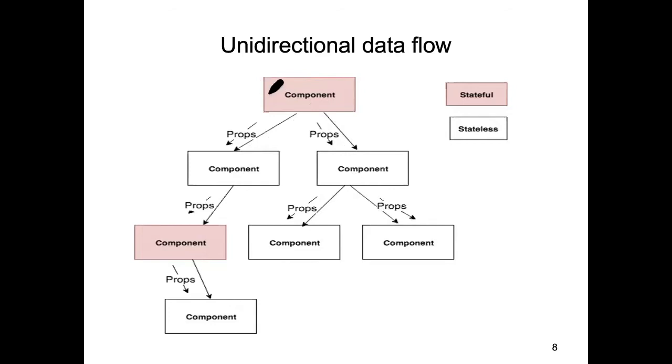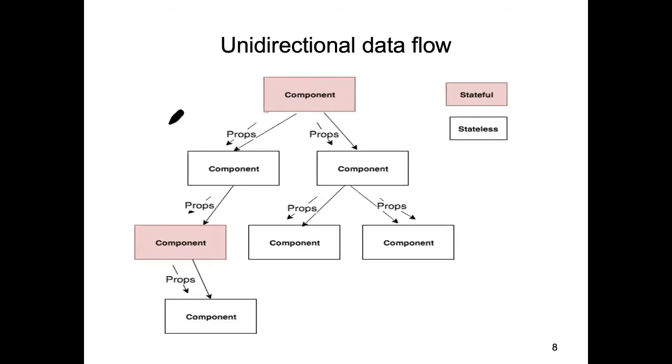Data flow within a React app is unidirectional, and it's always in a downward direction. We now know that the way we pass data between components is via props, so props can only flow in a downward direction. Again, that was a conscious decision made by React.